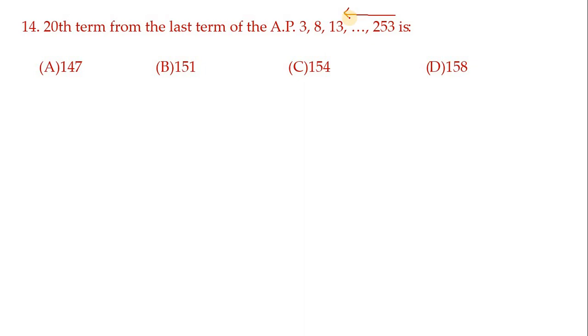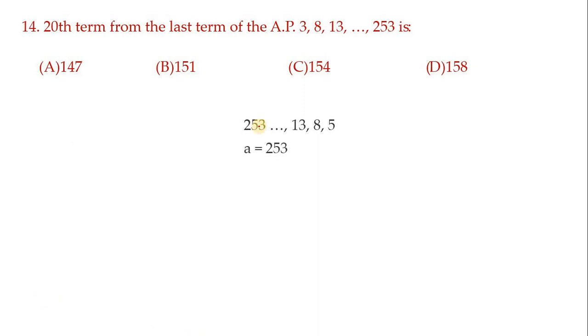So for that, you write the given AP in reverse order, just like this: 253, and so on, 13, 8 and 3. After writing in reverse order, as usual find the A value, find the D value, and N value is 20. Use the nth term formula, substitute the values, simplify. It gives the answer, that's all.